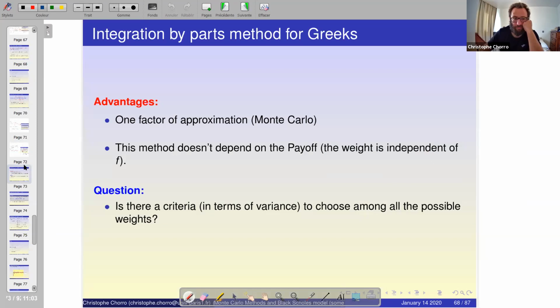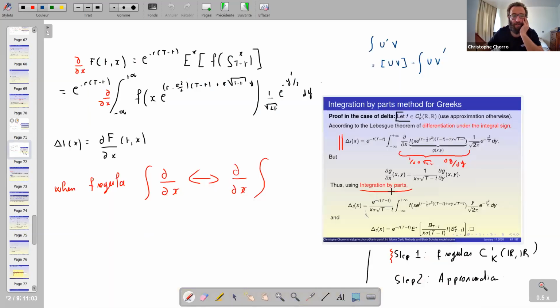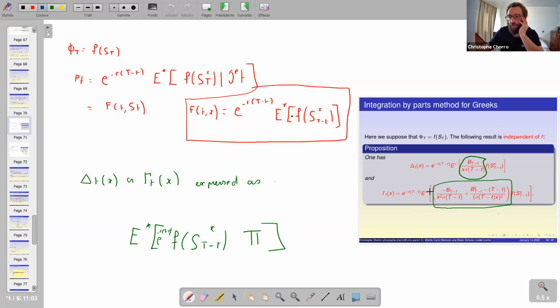So the advantage of this approach or of this formula is that I have only one source of approximation now, because to compute the delta and the gamma I just have to approximate expectations. So I use just Monte Carlo methods, no more finite difference.